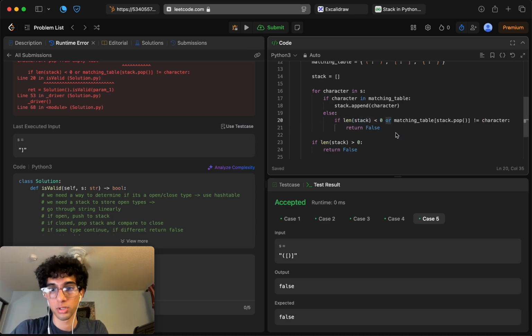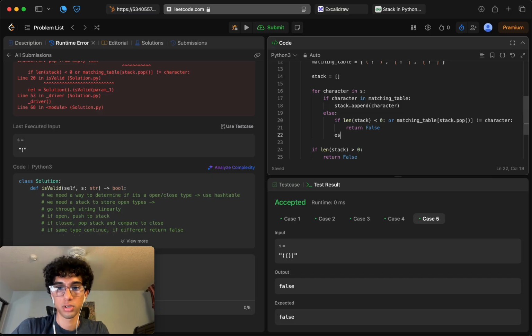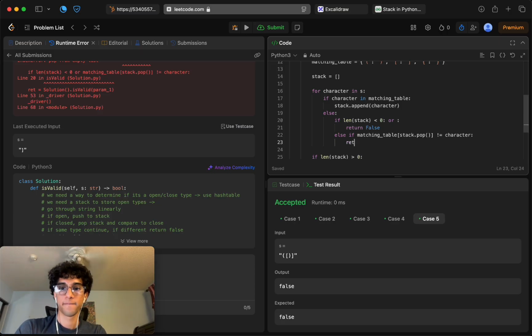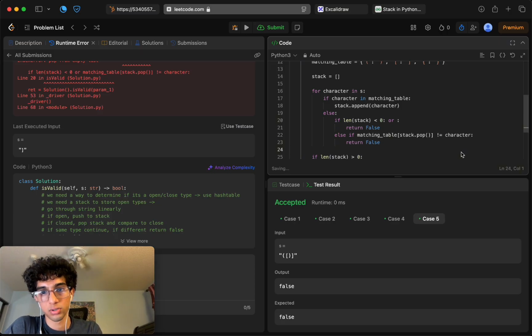What the heck? Let this return false. Else if, return false. Right, because this, check this first. And then, okay, if we're good here, then we can check this. So this should prevent this, I think.